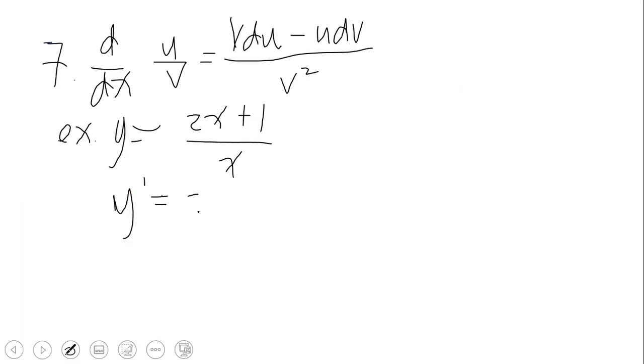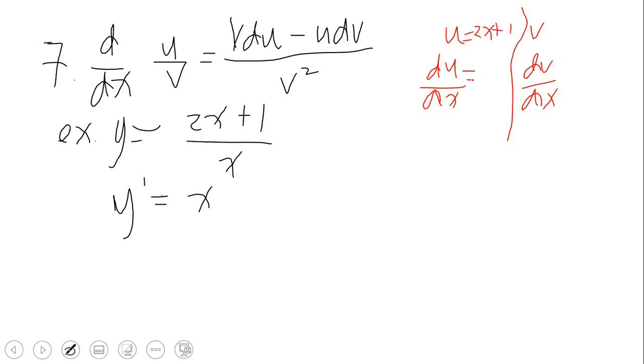Then remember the derivative of u, sulat natin, you have v du over dx, and you also have dv over dx. So ano yung u natin? Ang u natin is represented by 2x plus 1. So the derivative of u is 2. How about yung v? So you also have v, the function x. The derivative of x is equal to 1.